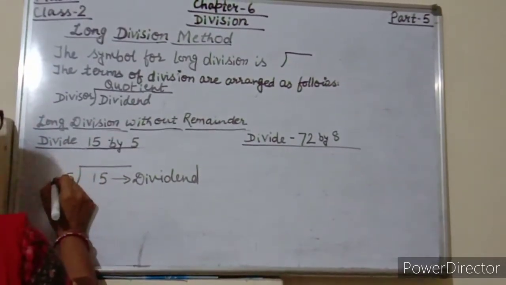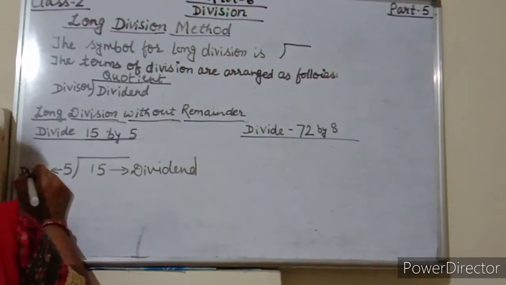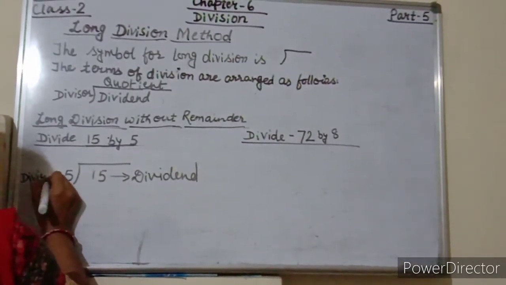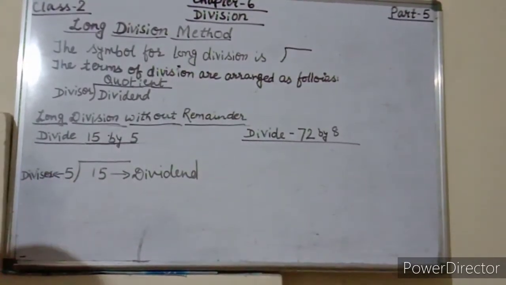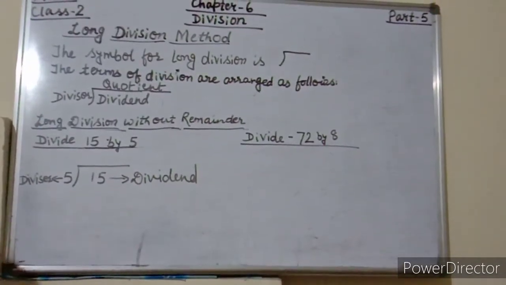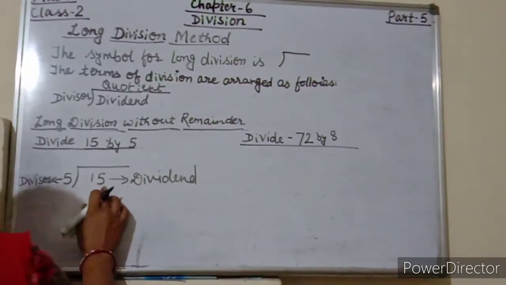So what is 5? Yes, 5 is the divisor. Again students, divisor means? Yes, the divisor is the number which divides the dividend.